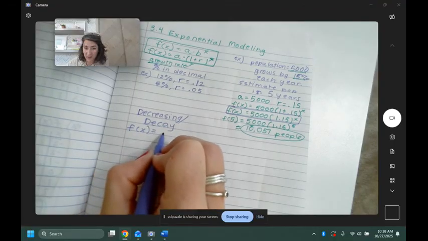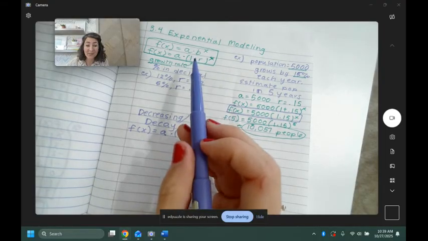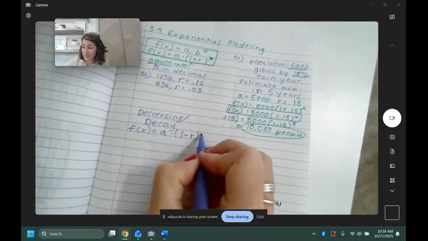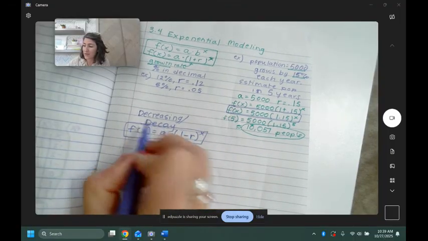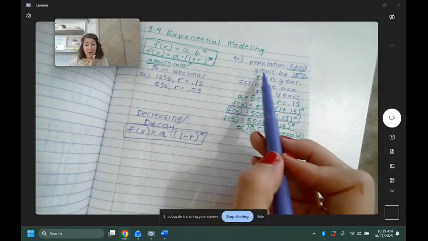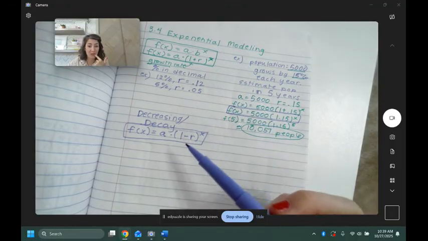Still f of x equals a times 1, but instead of plus a rate, minus a rate. So when you're looking at a situation, you just have to really be careful of is it growing or is it shrinking? So then it'll determine which equation to use.